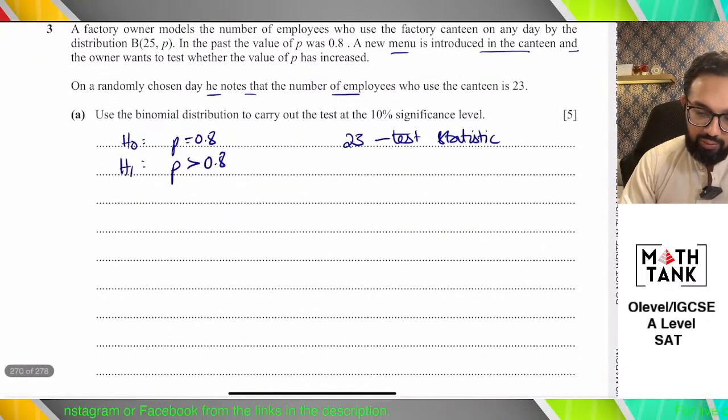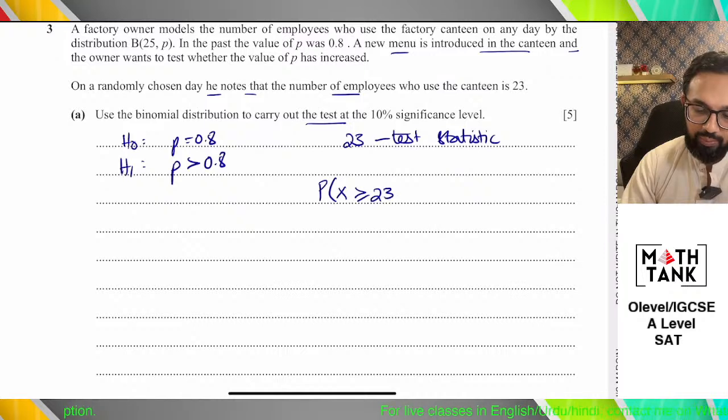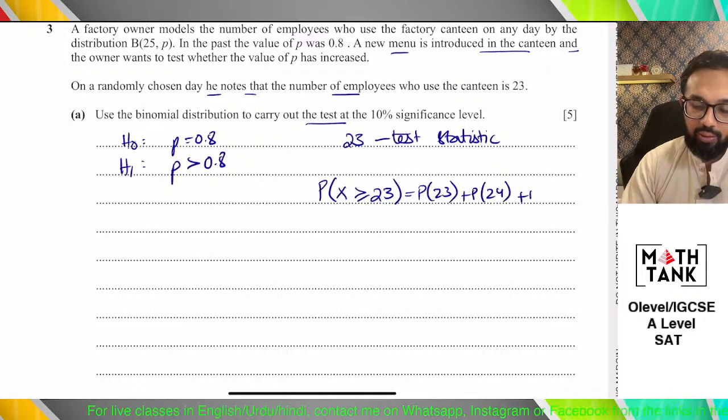Use the binomial distribution to carry out the test at the 10% significance level. So X is greater than or equals to 23. That's going to be 23, 24, and 25.